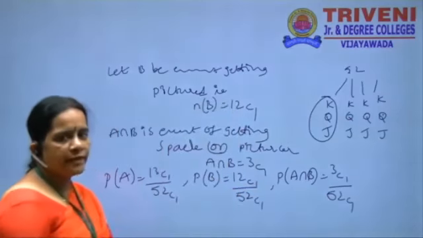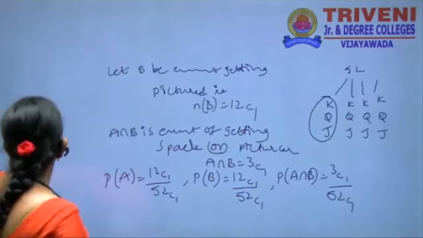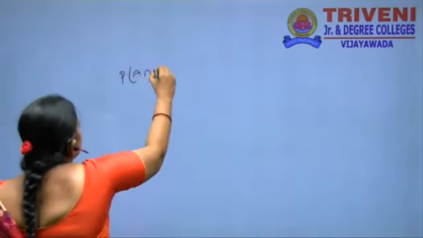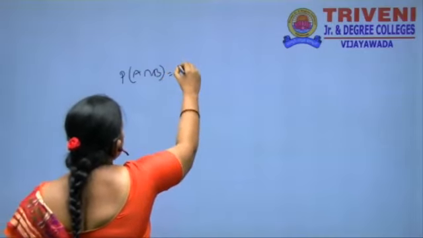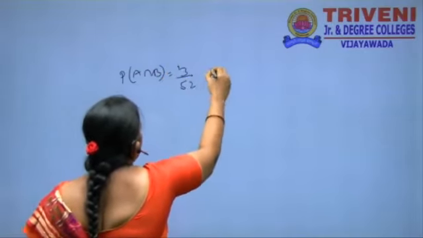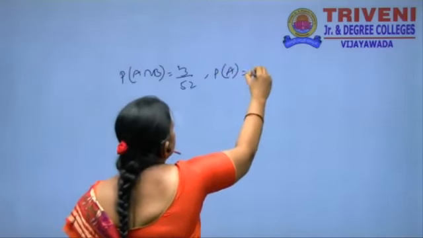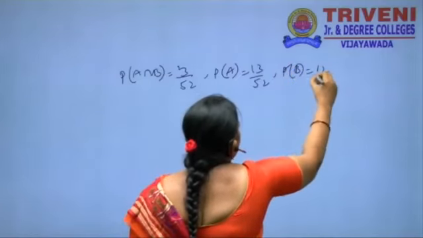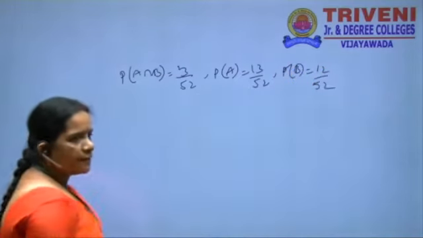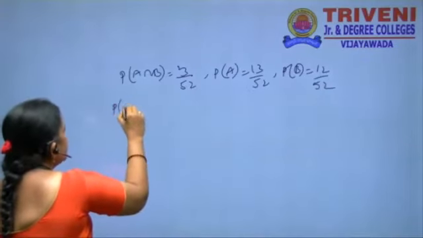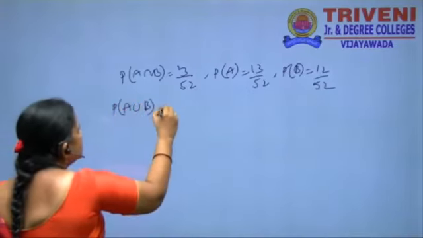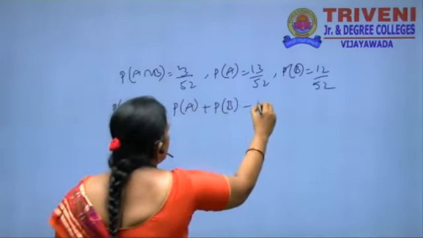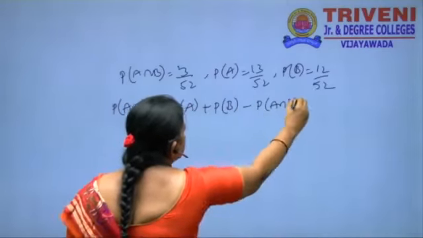So P of A intersection B is equal to 3 by 52, P of A is equal to 13 by 52, and P of B is equal to 12 by 52. Applying the probability theorem, P of A union B is equal to P of A plus P of B minus P of A intersection B.